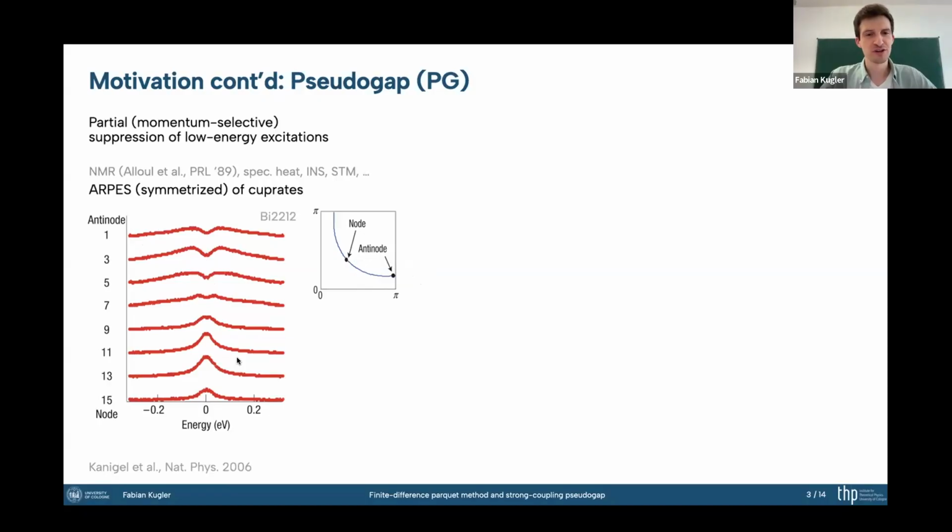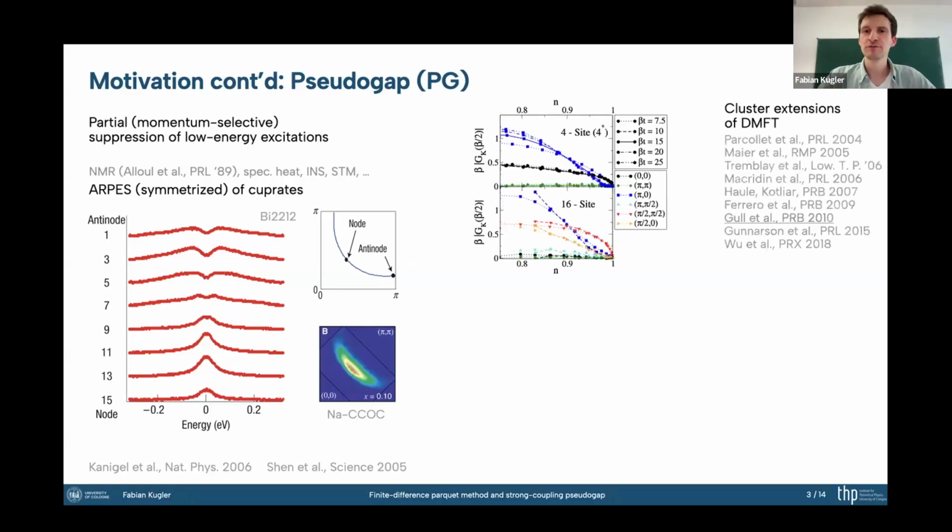If this is visualized in a color plot in the first quadrant, the suppressed spectral weight at the antinode then produces these famous Fermi arcs. Now the pseudogap has also been well documented in the 2D Hubbard model, first by cluster extensions of DMFT. Here I brought plots from this 2010 paper, where the authors used an imaginary time proxy of the spectral weight at the Fermi level for different doping.